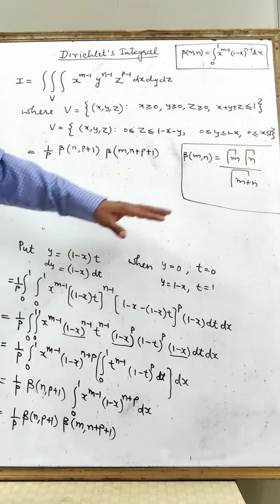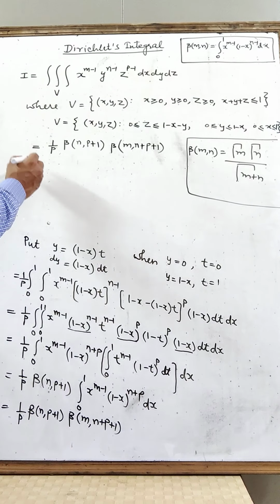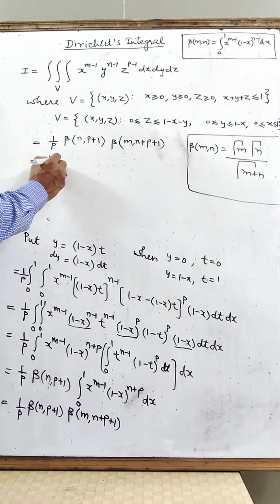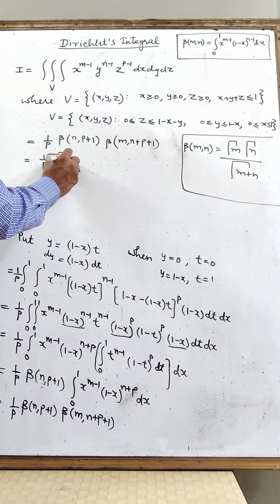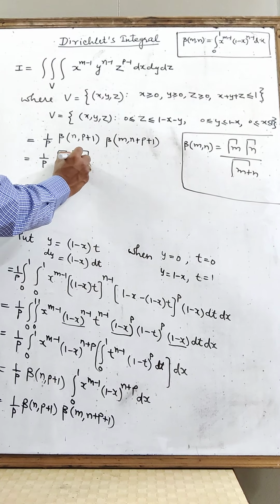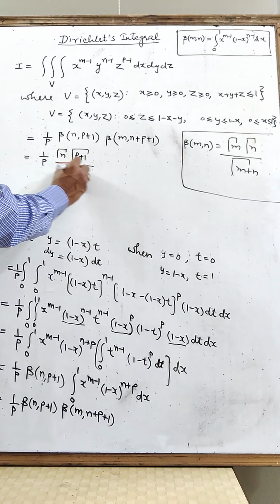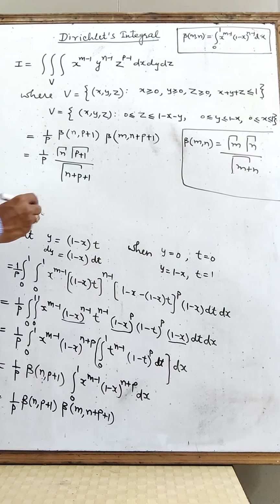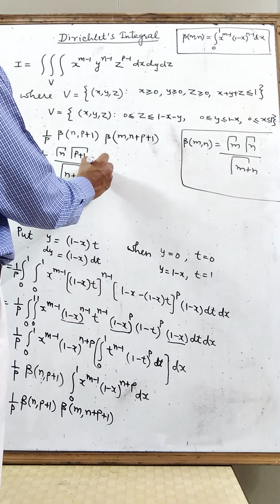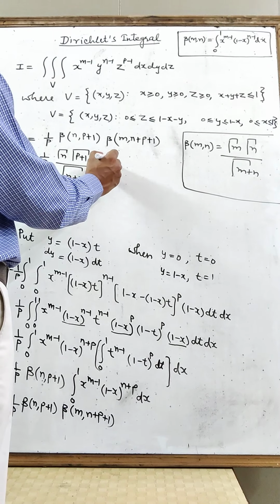I am using the relation between beta and gamma function, and it would be equal to 1 by p, gamma of n, gamma of p plus 1 over gamma of n plus p plus 1, into, again write this beta function as gamma function.